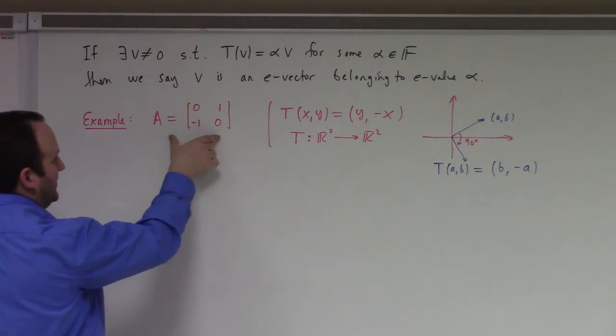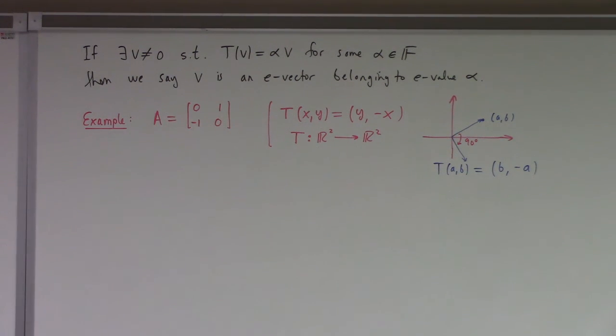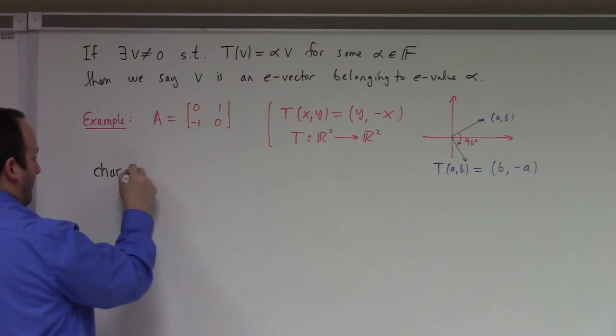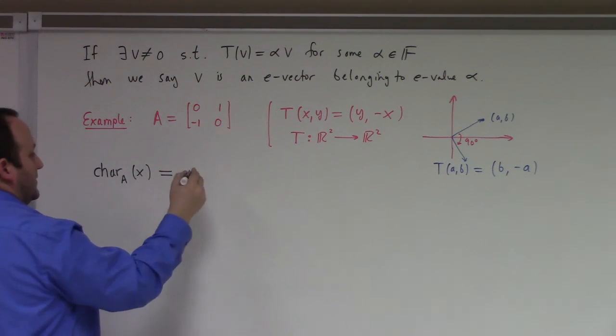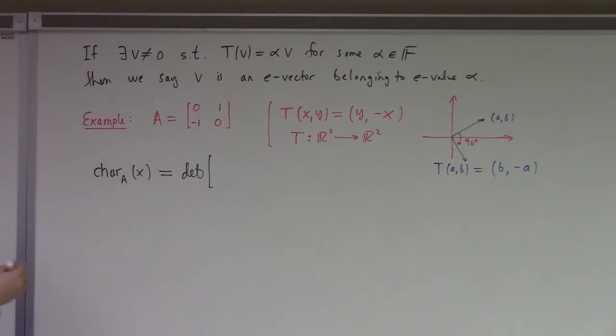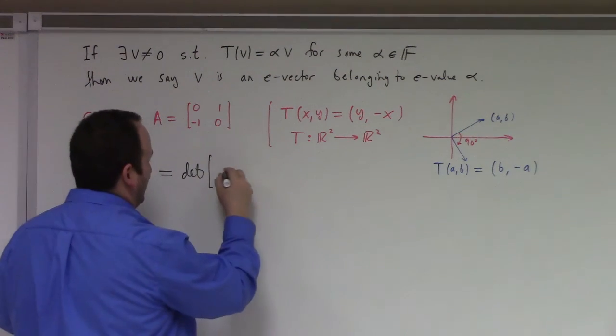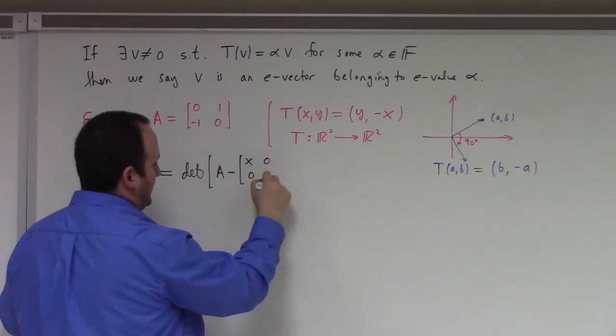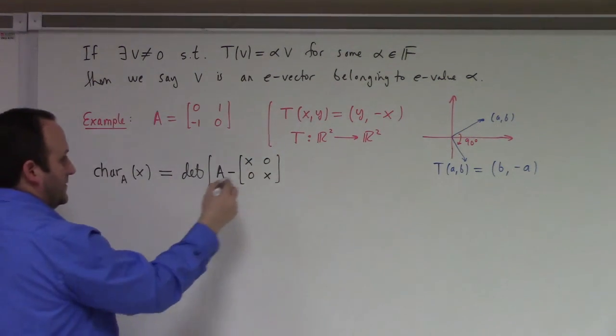So it's nothing terribly unfamiliar. Anyway, here's its matrix, and we can analyze the characteristic equation by looking at the matrix. What is the characteristic polynomial for A? That would be the determinant of A minus x times I. What does that look like?